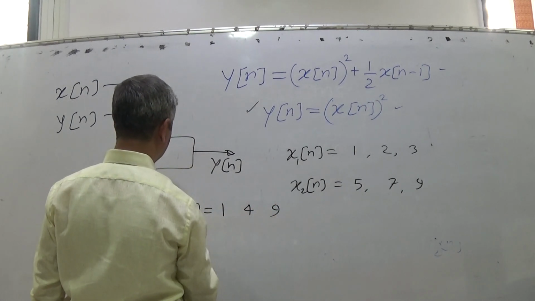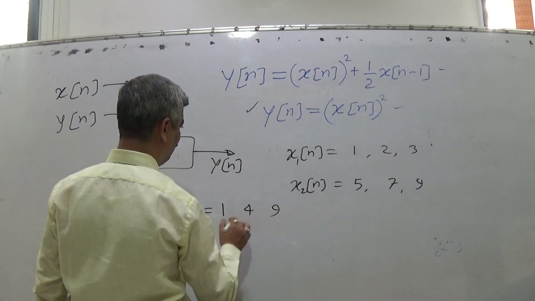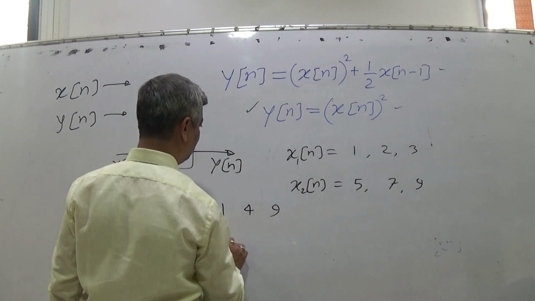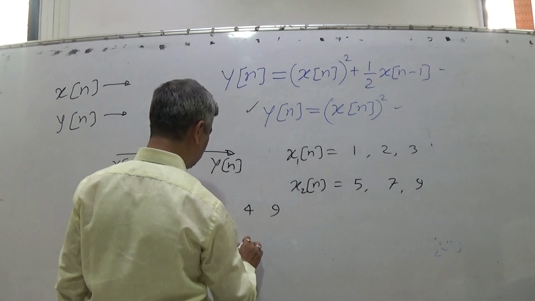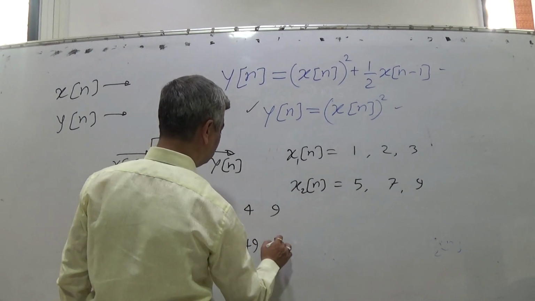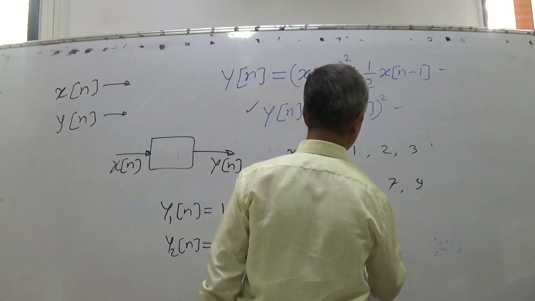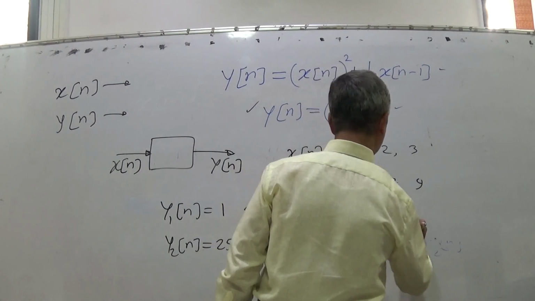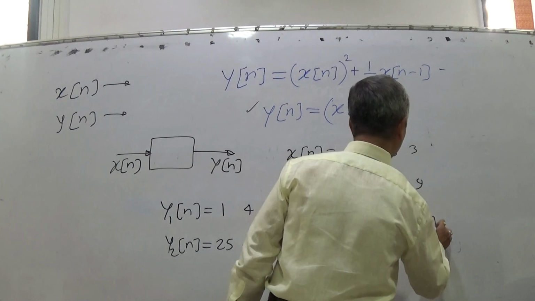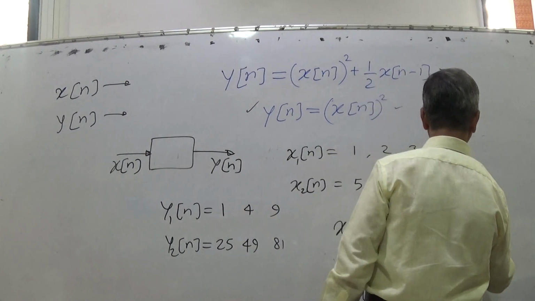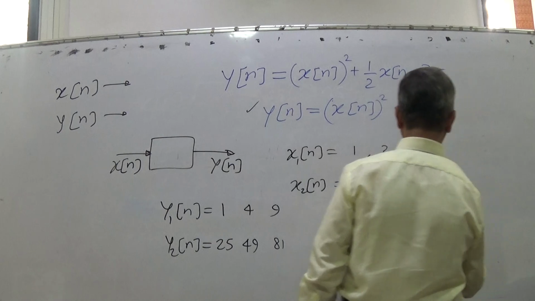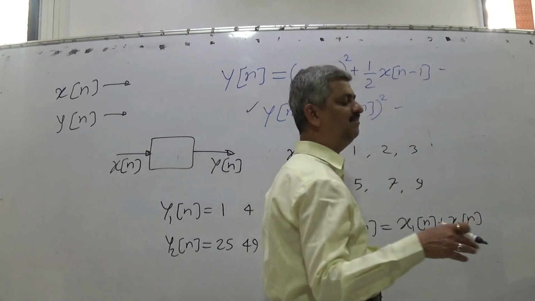What would y2[n] be? y2[n] would be 25, 49, 81. Now I generate another signal x3[n], which I make simple as a x1[n] plus b x2[n], keeping a and b the same.